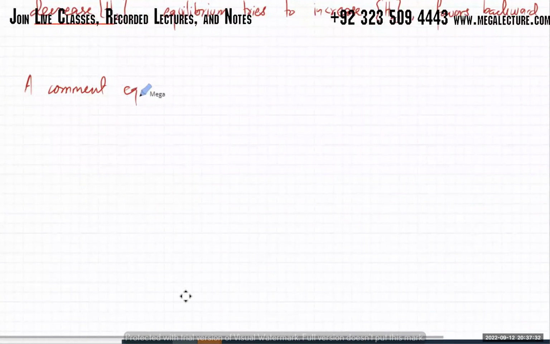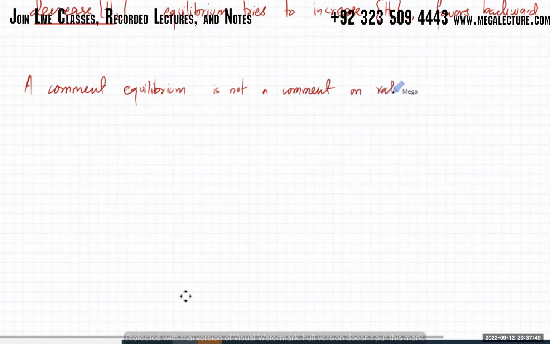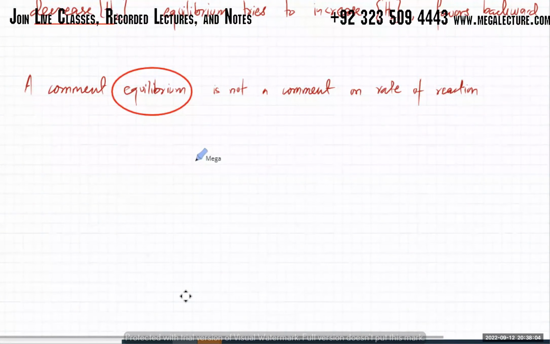वो मैं explain करता हूँ what does that mean. So a comment related to equilibrium is not a comment on the rate of the reaction. ठीक है. रेट जो है ना वो एक अलग चीज है. When you've got a comment on equilibrium, that's a relative comparison. What that means is कि when I say forward is favored or forward speeds up, that just means that the forward is faster compared to the backward.